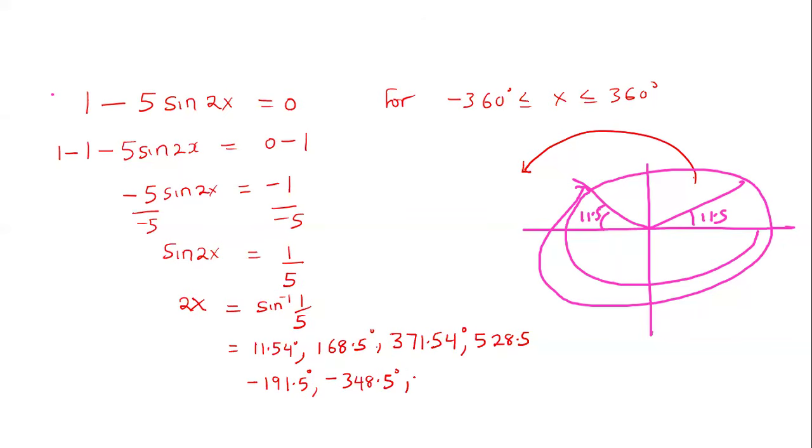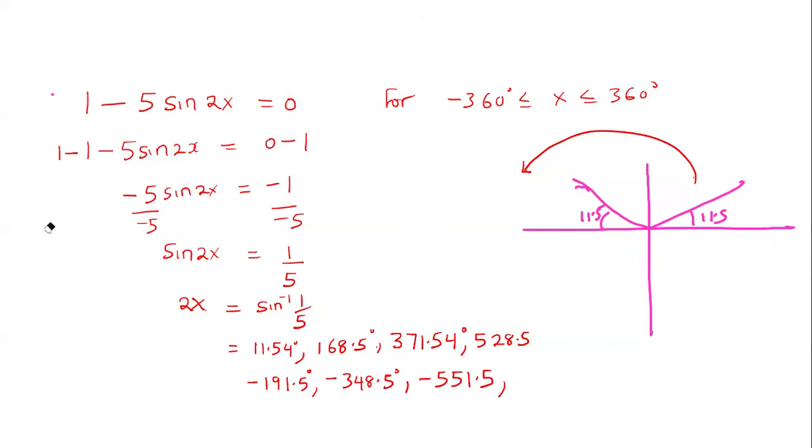So which angle do we have? Negative 501.5? Negative 551. 551.5. Good.